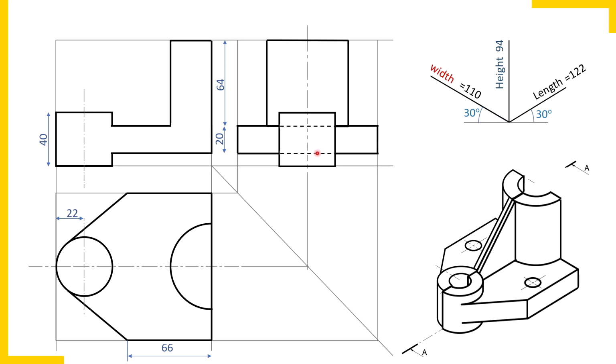This is the side view of the horizontal plate, and this rectangle is the side view of the cylinder. There is overlap. So as usual, I checked here. This portion, the cylinder, is nearer to the observer. So the cylinder is visible and the overlapped portion of this horizontal plate is hidden. So the portion of the horizontal plate which is hidden here, I have shown by dotted lines.